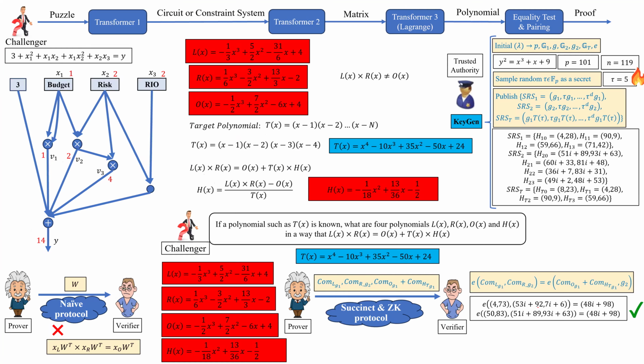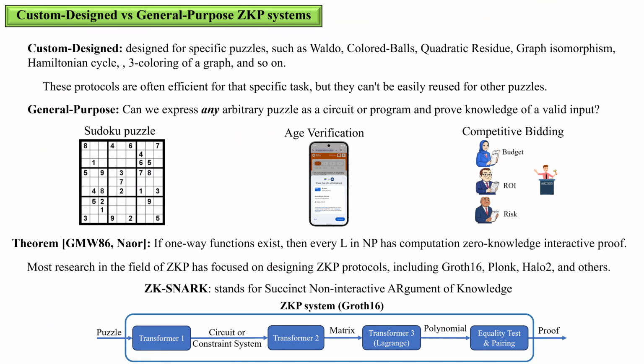Okay, so we convert the polynomial into a commit, and then the verification test is this one, right? So this is the verification test for this succinct ZK protocol.